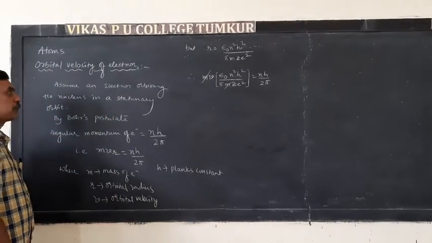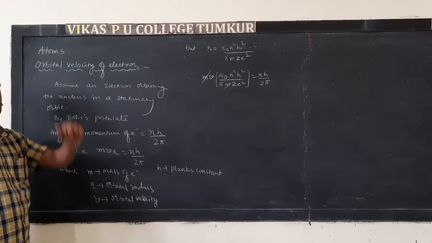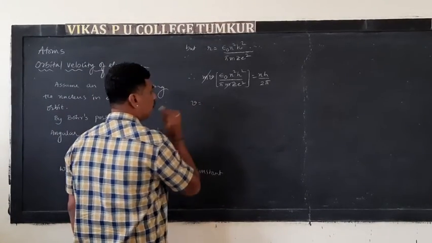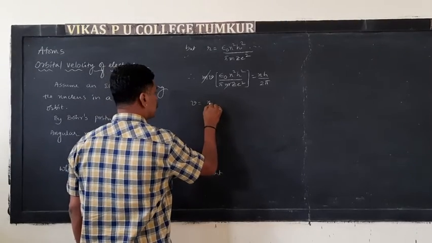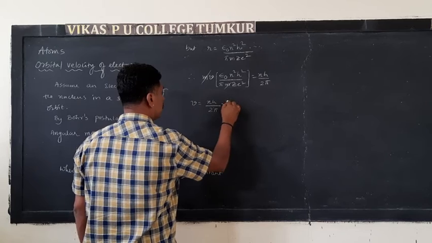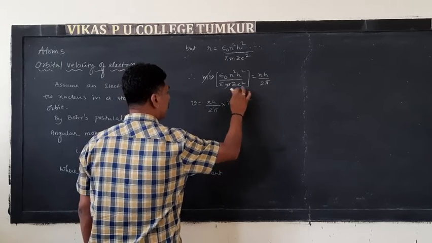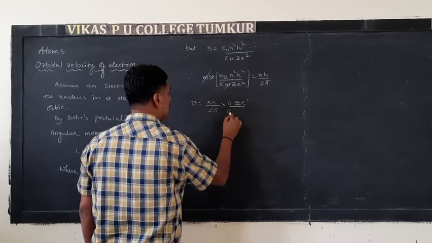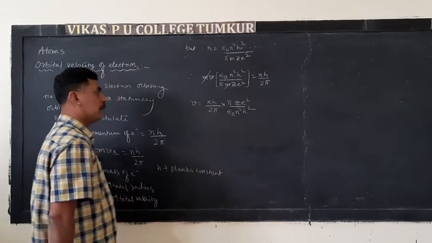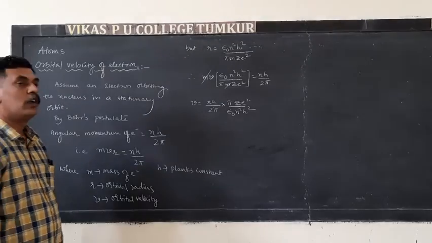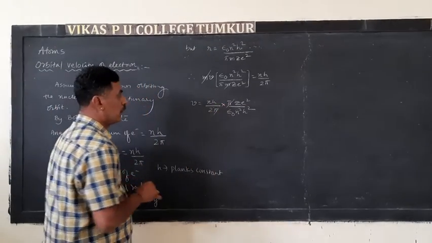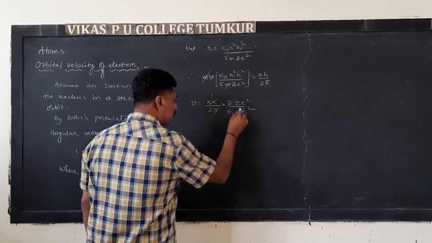We are now in search of an expression for orbital velocity. Therefore, I retain v here. The rest of the factors will be cross multiplied with nh by 2 pi. That means pi z e square. If numerator multiplied, epsilon naught n square h square comes to the denominator. Now in this pi cancels with pi, one nh cancels with one nh.